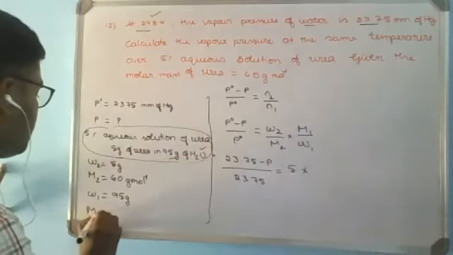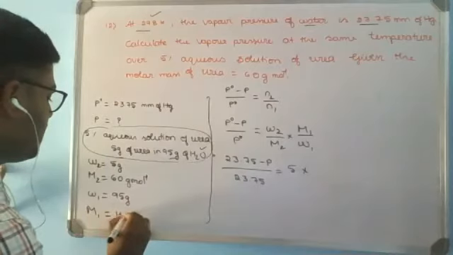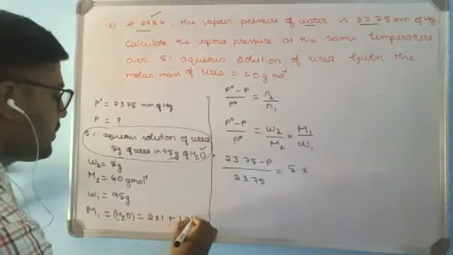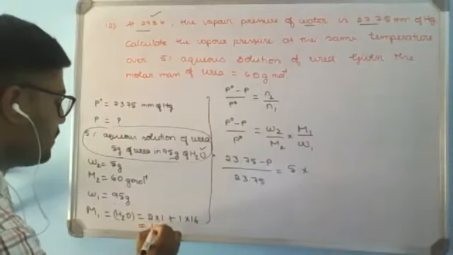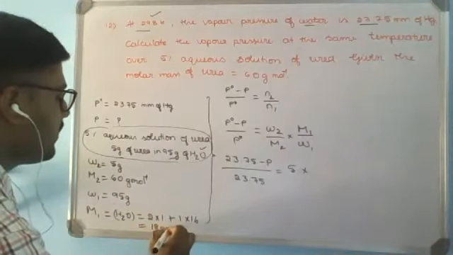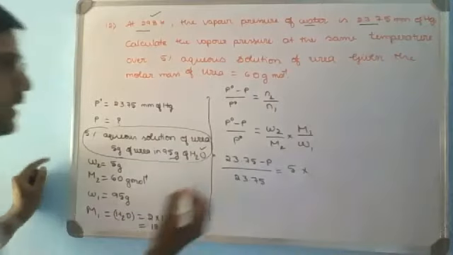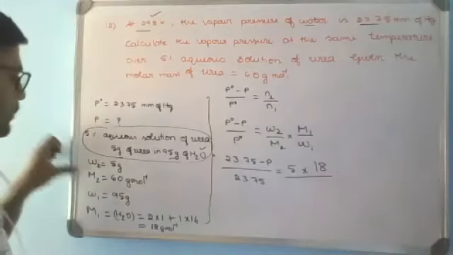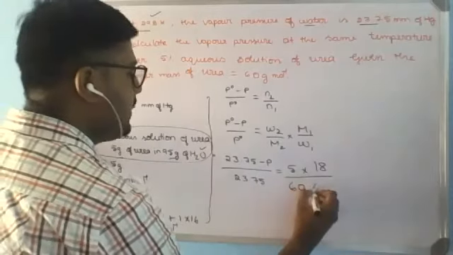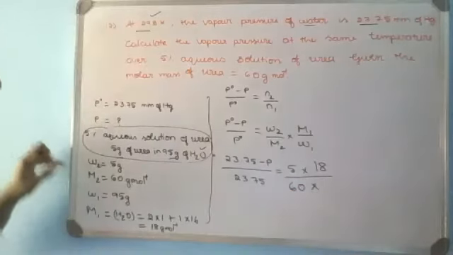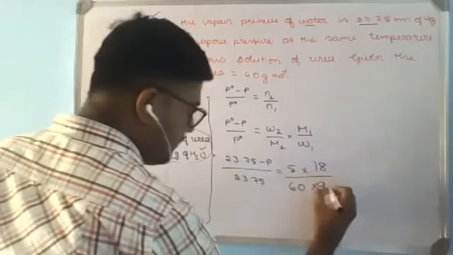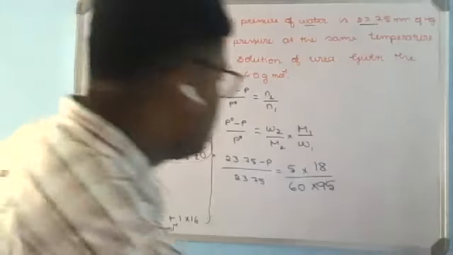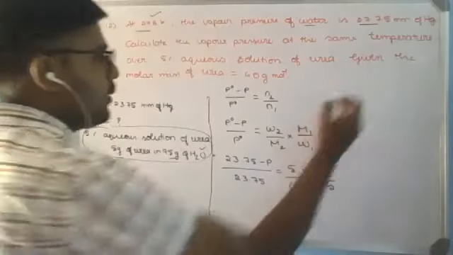So M1 for water will be 2 into atomic mass of hydrogen plus 1 into atomic mass of oxygen, 2 plus 16, that is 18 gram per mole. It is 18 divided by M2, which is 60, and mass of solvent W1 is 95. Now we'll simplify this calculation.